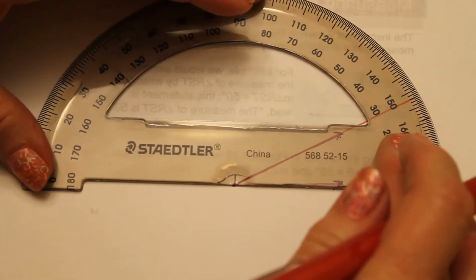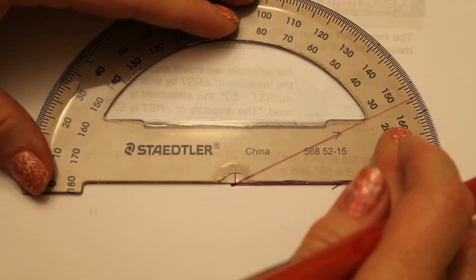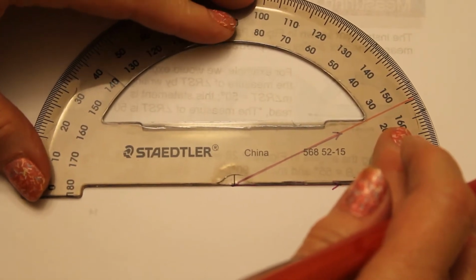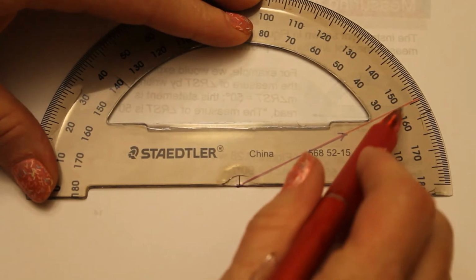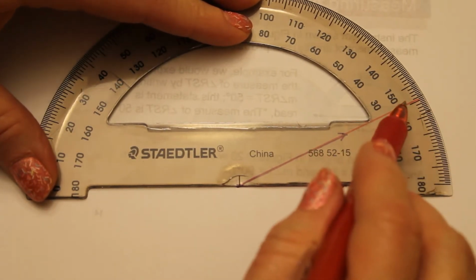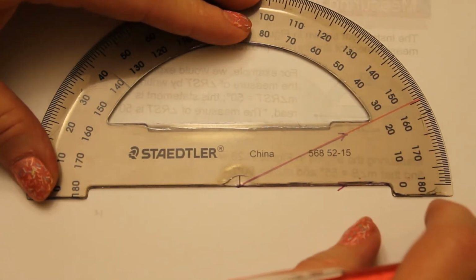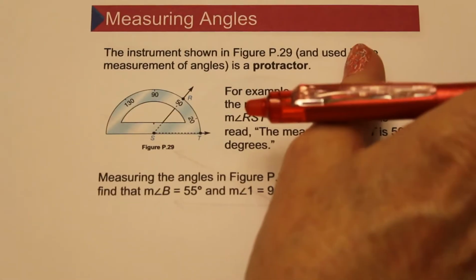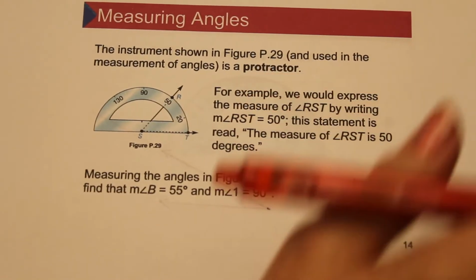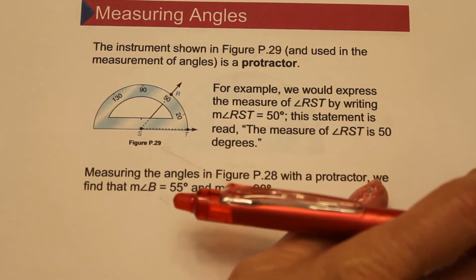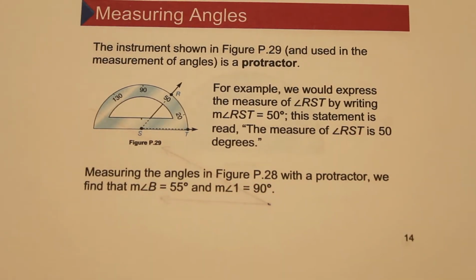So now when I put my base side along the bottom of the protractor, I would look and say, that's really right at about 25 degrees. That's a 25-degree angle. So that's what you're looking at to measure with a protractor. We'll learn about the different types of angles in this measurement section.